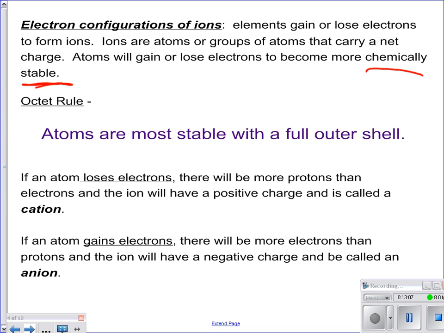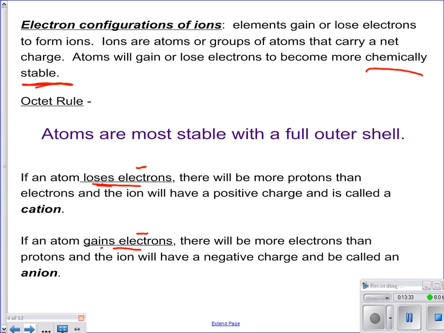Now the ions that they form, they can either lose electrons or they can gain electrons. Here's the tricky part: you have to remember electrons are negatively charged. So if you lose negative particles, what does the charge become? It's more positive. And if you gain negative particles, it becomes more negative. So it kind of seems like the opposite in some respects.